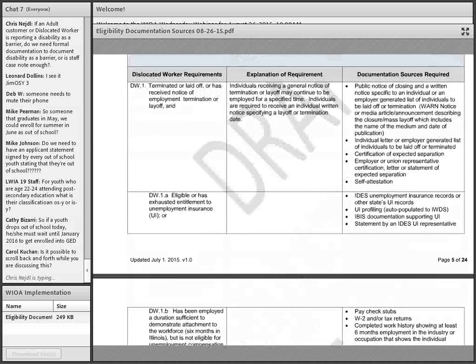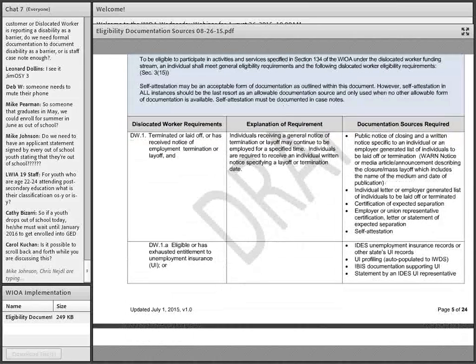In the general terminated or laid off or has received notice of employment termination row, the first row of the table on page 5, the IDES printout of their UI claim, the unemployment insurance records, is not listed for the basic foundation of dislocated worker eligibility. But it is down there on DW.1A, point A, for eligible for or has exhausted unemployment insurance.